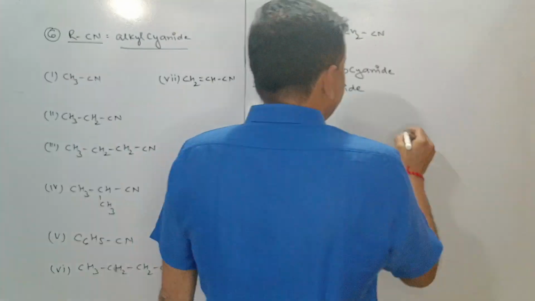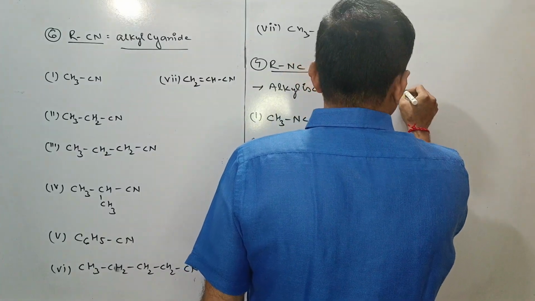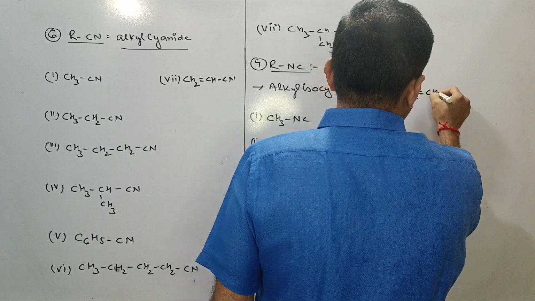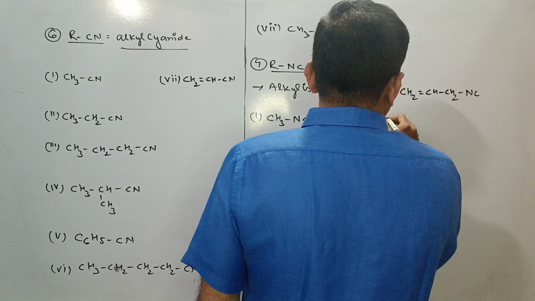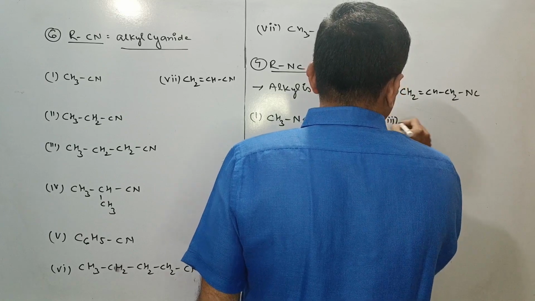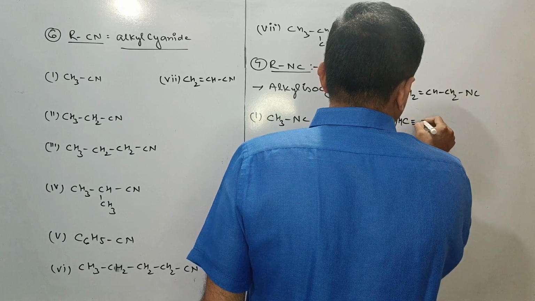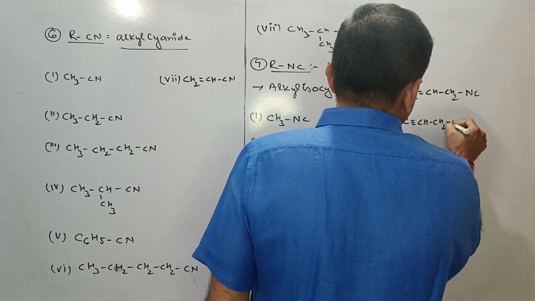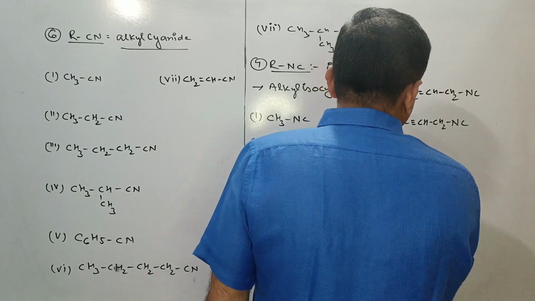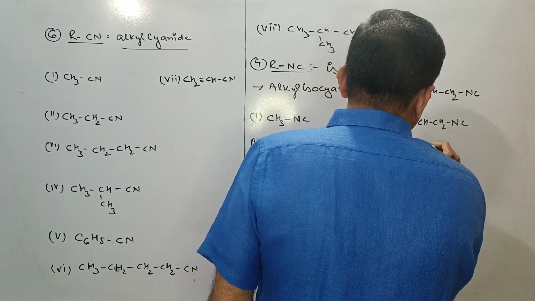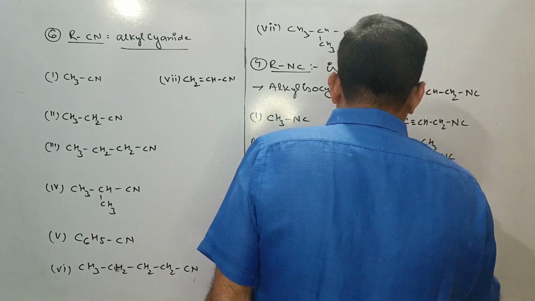Here we can take just the seventh example, that is your CH2 double bond CH2NC. Here may be the 8th example as a complex, just your CH triple bond CH2NC. Here is the 9th example, you can take your CH3CCH3CH3 and this is the NC.